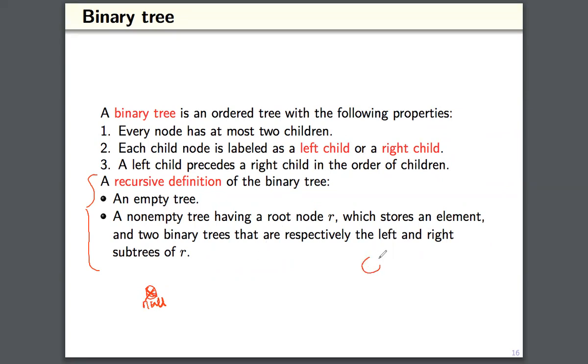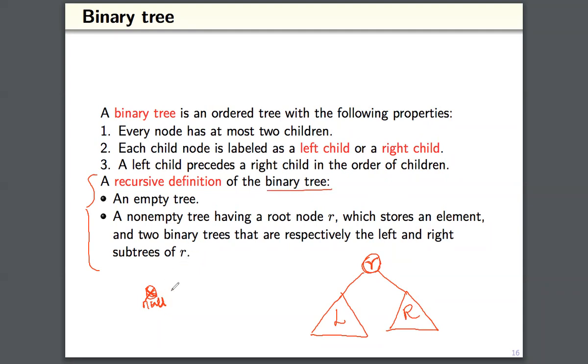Or this one. So you have a non-empty tree rooted at root node R. Suppose this is your root node R and it stores an element. So there is at least one node. Then to the left and right, you have a subtree. So this is a left subtree. This is the right subtree. Right? So what is a binary tree?